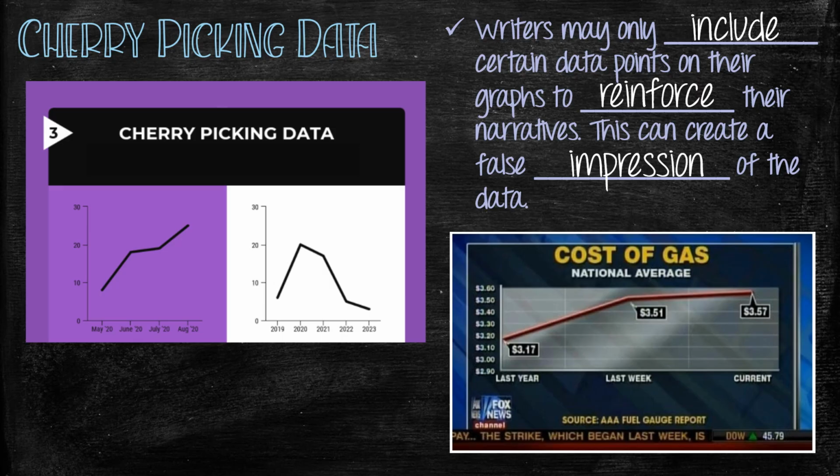Cost of gas. Oh my, on the x-axis. Fox News, boo on you. Last year price, $3.17. Last week was $3.51, and current. So huge differences between those three things.